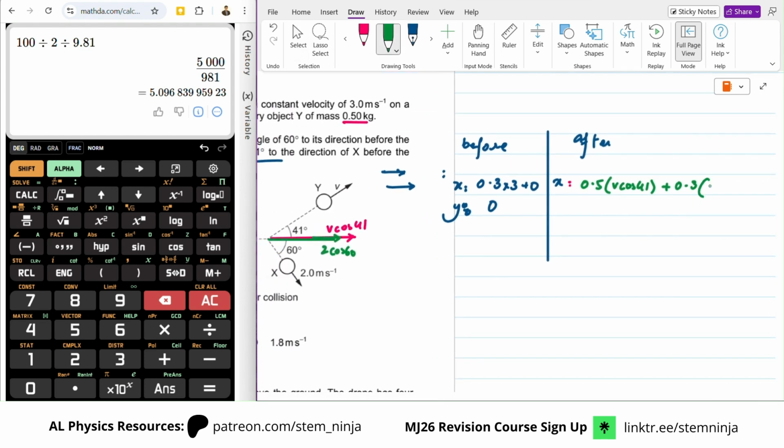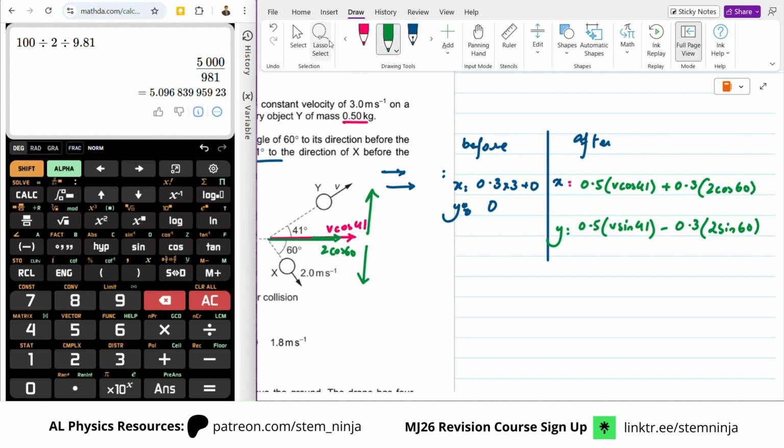And perpendicular to this direction, this is v sin 41, so 0.5 v sin 41, minus this time, because this is now in the opposite direction, 0.3 times 2 sin 60.